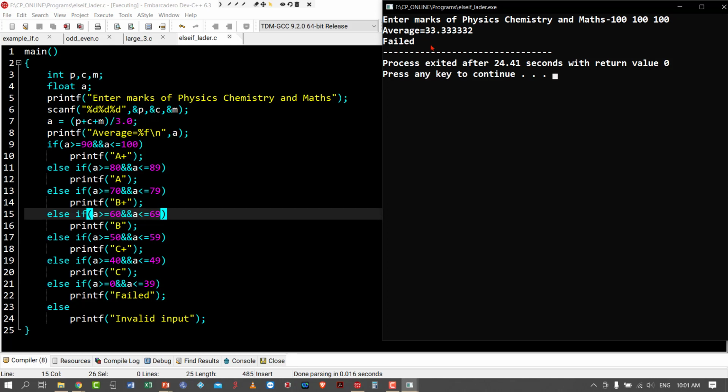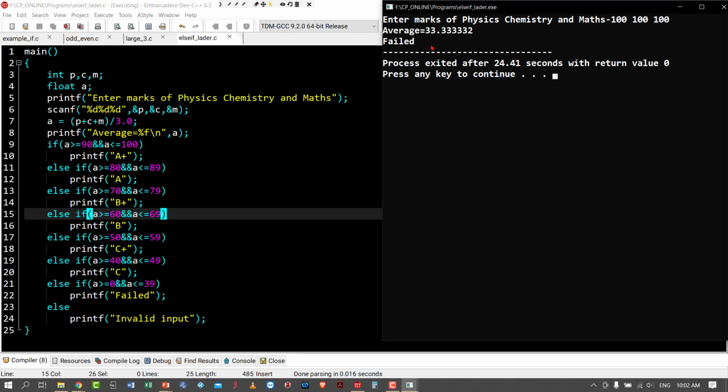We can handle it by adding some more if statements. We have to check whether p is greater than 0, and c greater than 0, and m greater than 0, then you can calculate these things. Otherwise you can print invalid input. So no need to go to that extent.